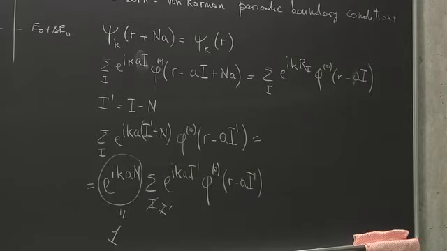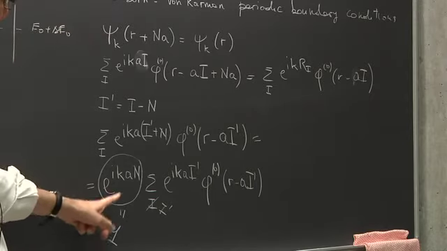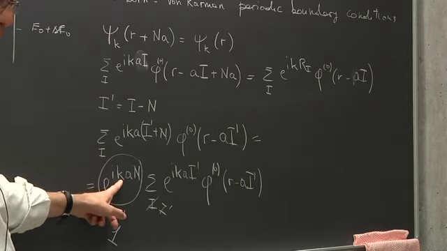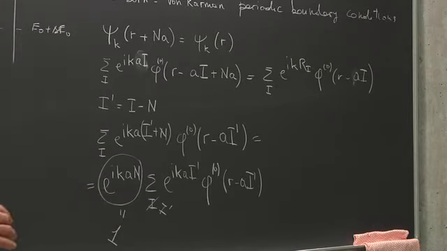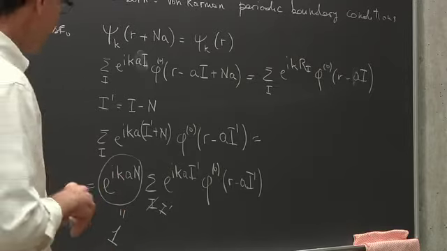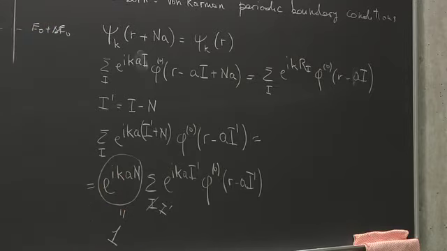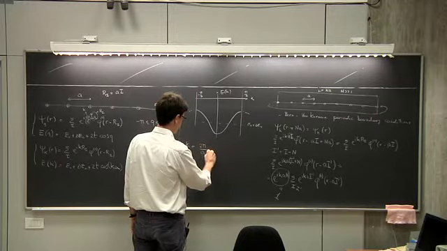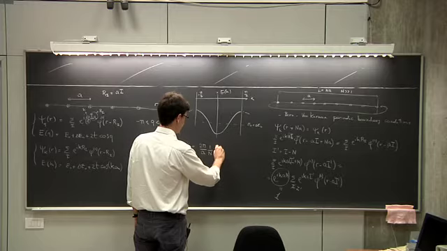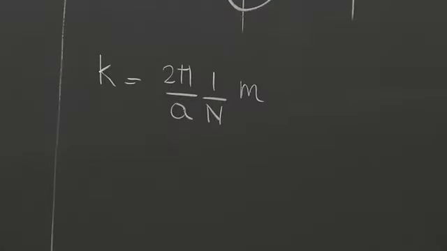Okay, so imposing these boundary conditions forces k to take selected values, not all possible values in this range, but values equal to 2 pi over a, times 1 over n, times an arbitrary integer, right?